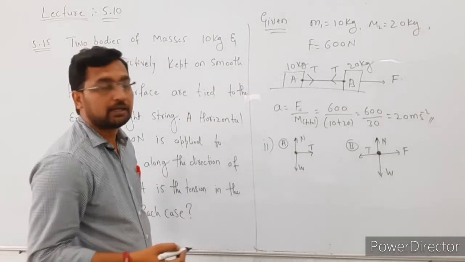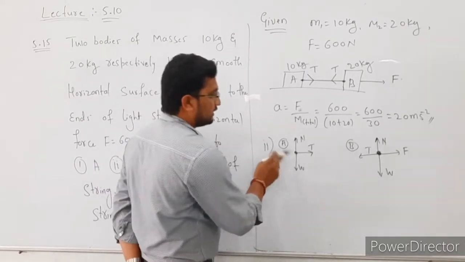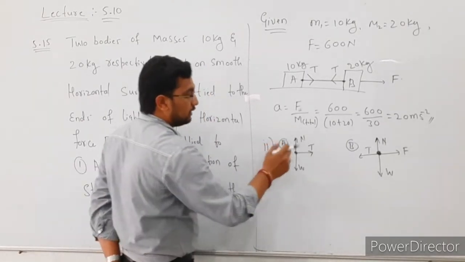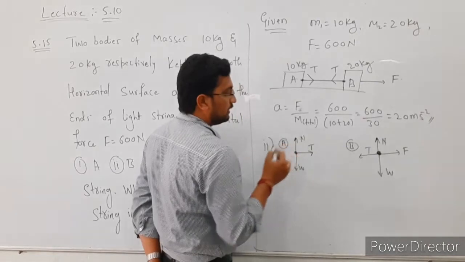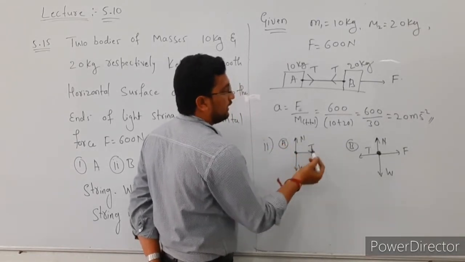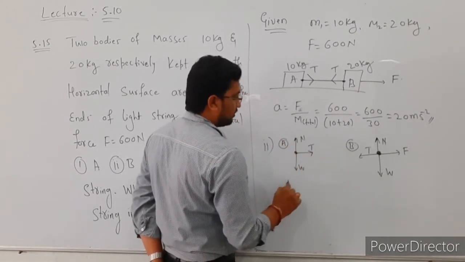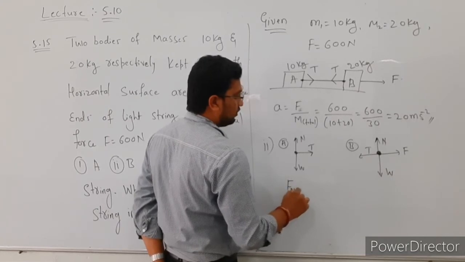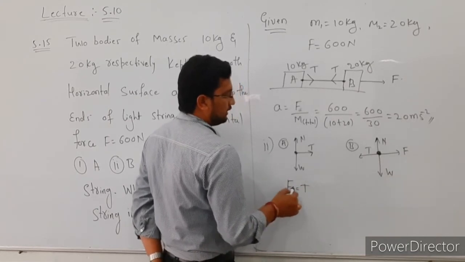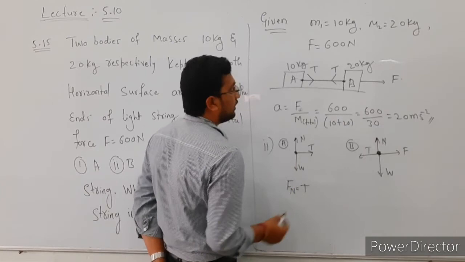So here we are going to determine the tension value. From this relation, the net force acting on this system is equal to tension. The net force is nothing but mass into acceleration.